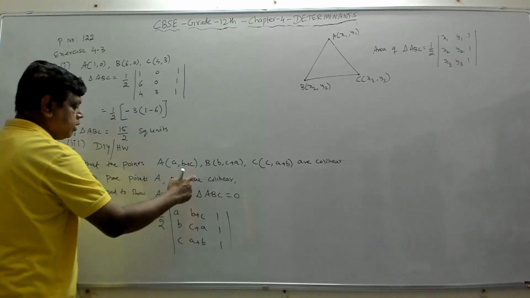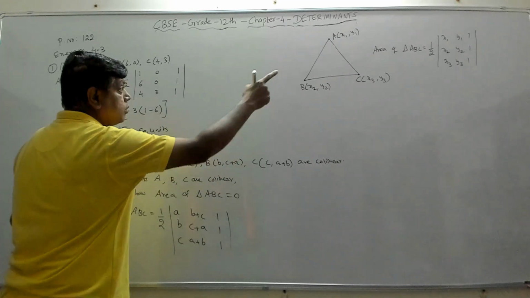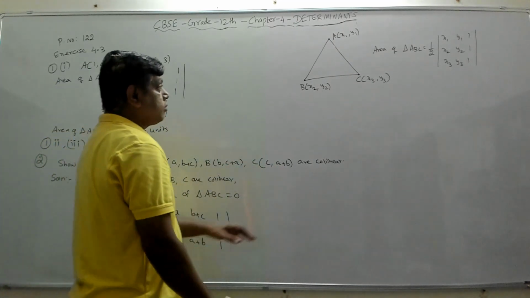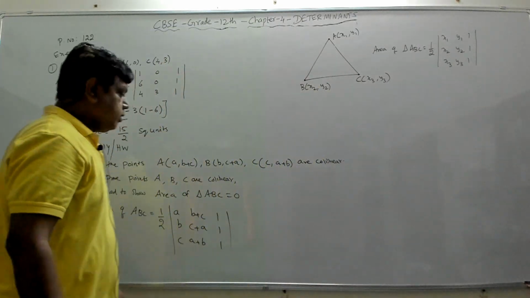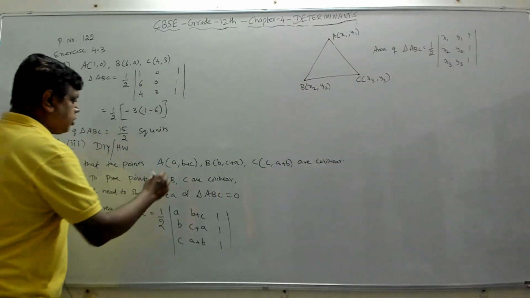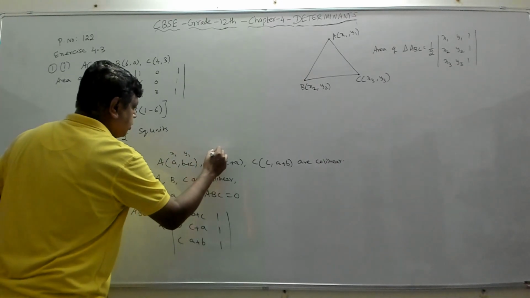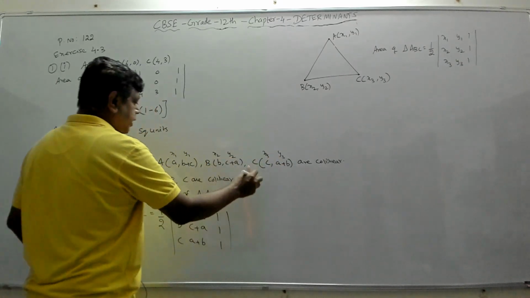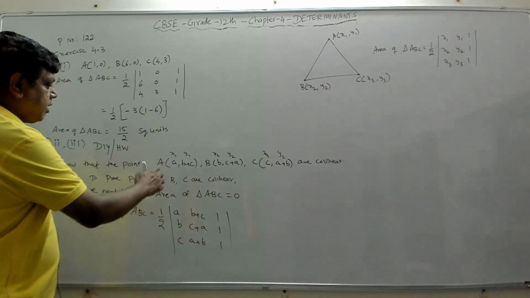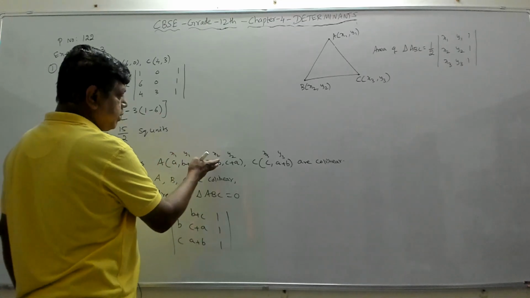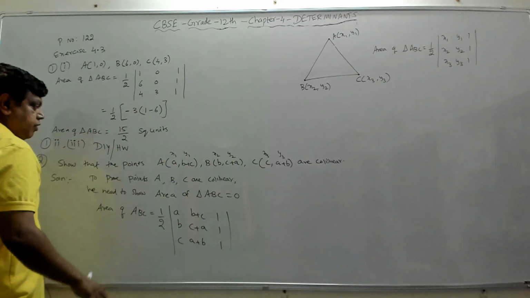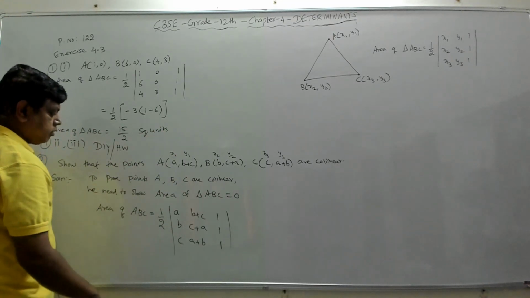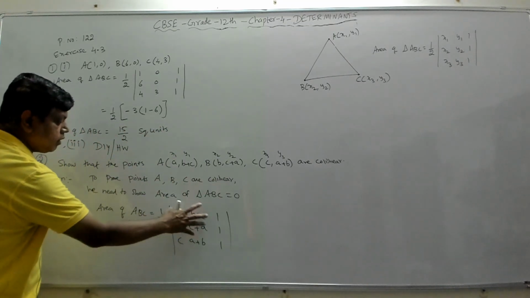You can take that in any order. But if they say A, B, C, then take A as x1, y1, B as x2, y2, C as x3, y3. If nothing is given, then any point can be taken as x1, y1, x2, y2, and x3, y3.